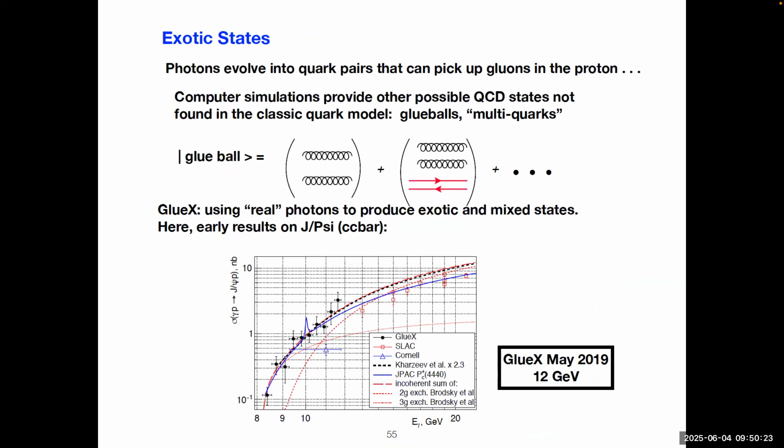And from the lattice, we have been led to believe there are hadronic states that are primarily made out of glue, or they may be linear combinations of these so-called glueballs and quark pairs. This is a place where there's a dynamic interaction between the lattice and the experiment. So again, this is all in the theme of looking further into the final state.